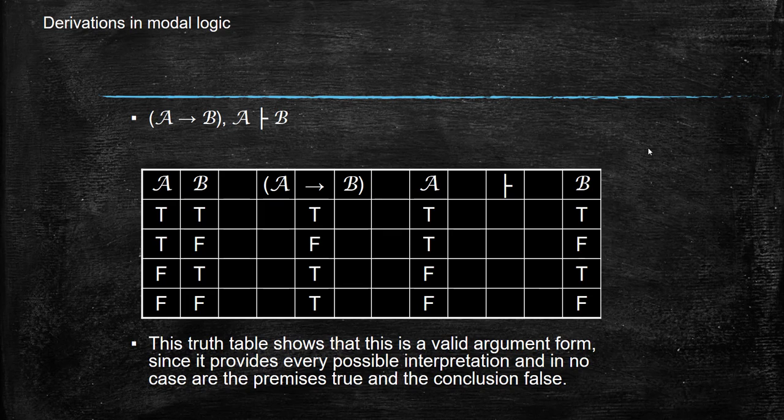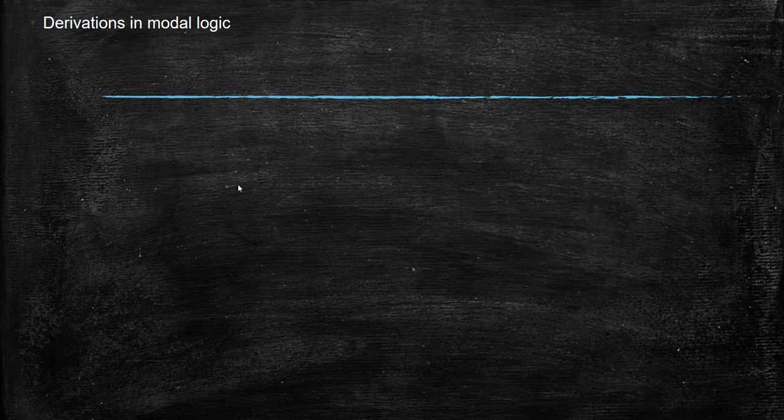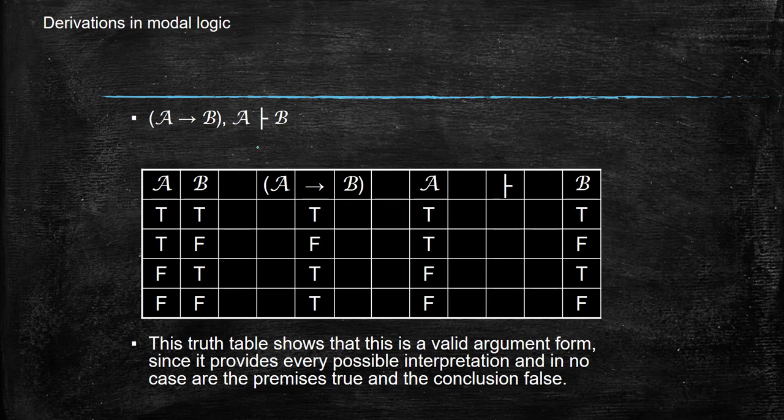Now, this truth table could also be written differently as a theorem, and in this case the turnstile would be all the way over here on the left, and the corresponding validity is: if A then B, and A, then B. That is a validity or a tautology.